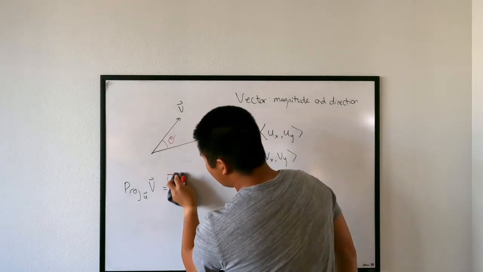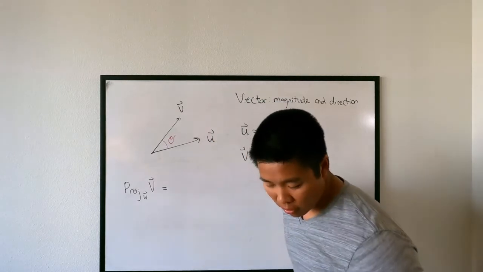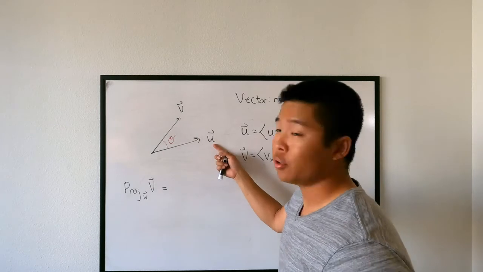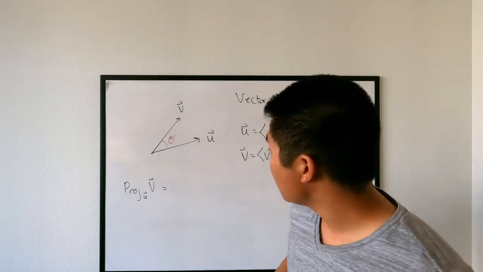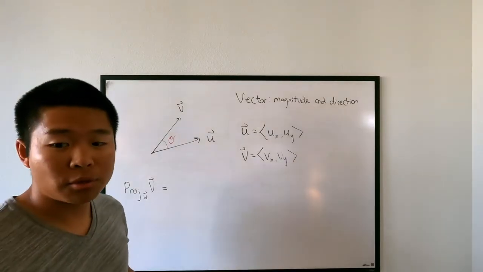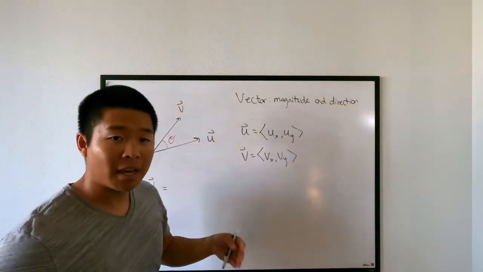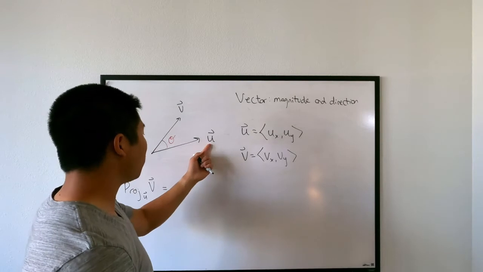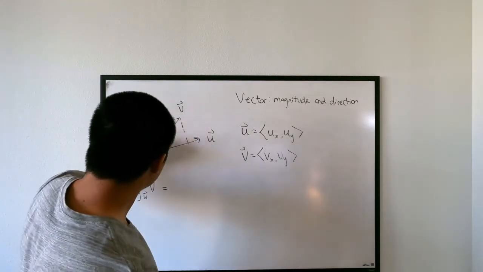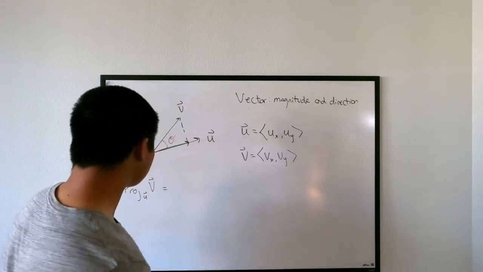So I'm going to say, well, if I'm looking at the projection of v onto u, I actually don't care about the magnitude of u, right? If I don't care about the magnitude of u, then I actually want the magnitude to be 1, because when I multiply them together, I don't want this to be adjusting the length of my projection, right?